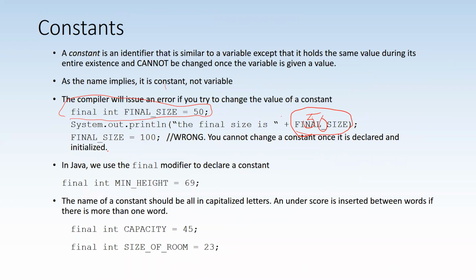And then you can say, add more to the room size, and then you can do final size plus 10, and then final size multiplied by 4, etc. So if you decide the final size is 100, you only need to change this one place. You don't need to go and change other places in your code.